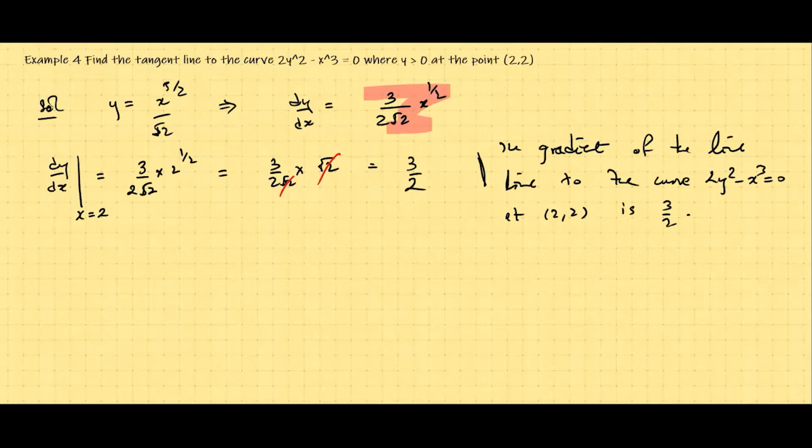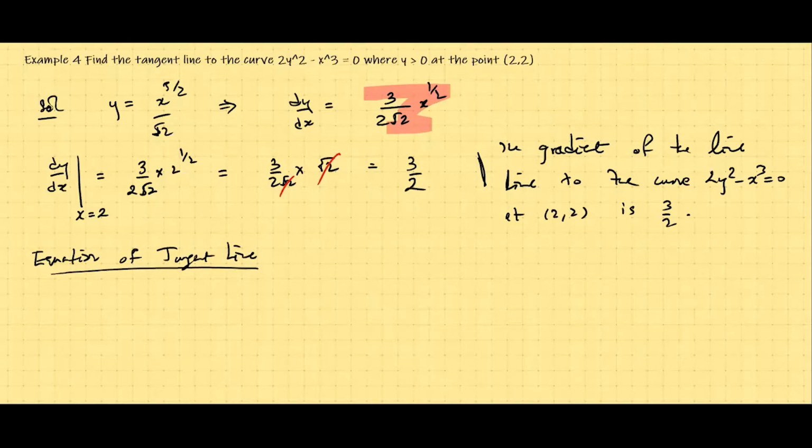Now, with this information, we're in a position to be able to calculate the equation of the line, right? So let's work out the equation of the tangent line. So how we're going to do this?